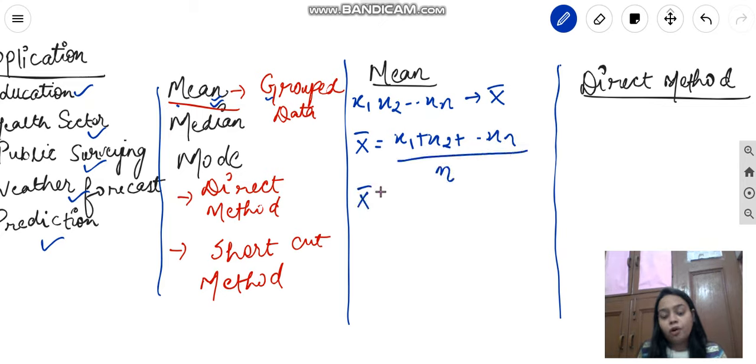In more general form, we can write it as summation of xi divided by n, where i ranges from 1 to n.